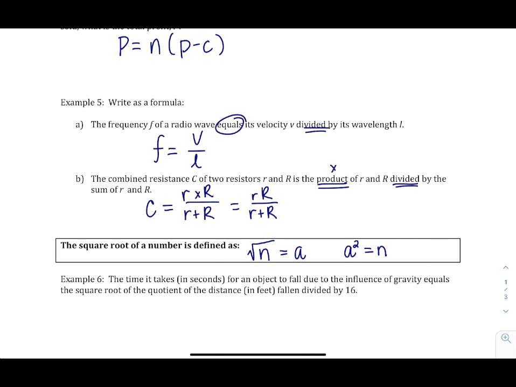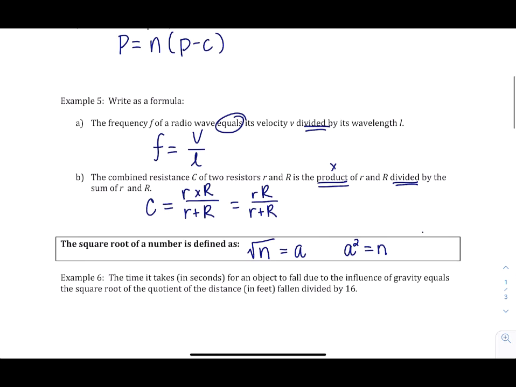You're looking for the number that, when squared, gives you the original value that was under the square root. Most calculators have a button to do this, but an example here, the square root of 16 is 4 because 4 squared gives you 16.